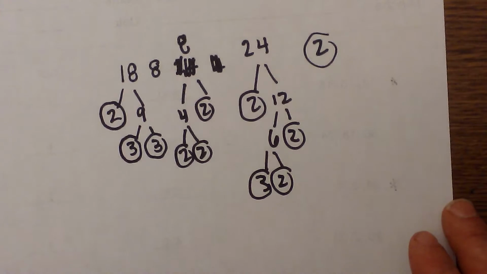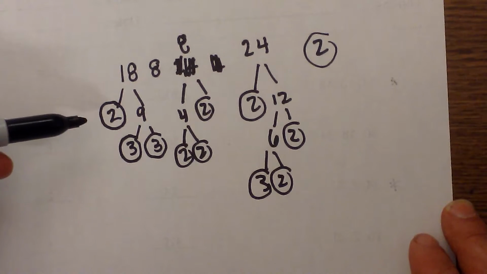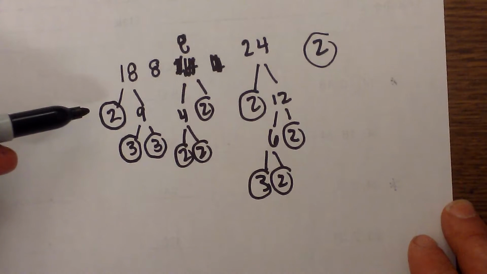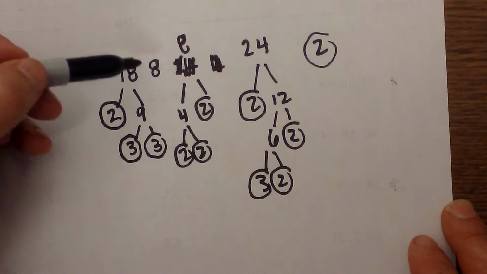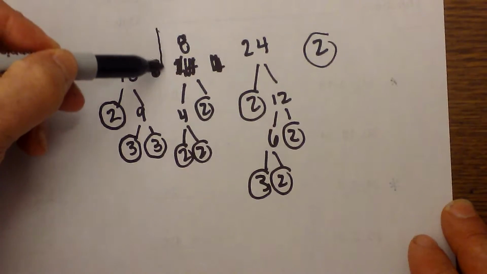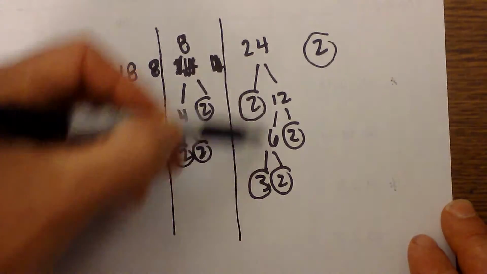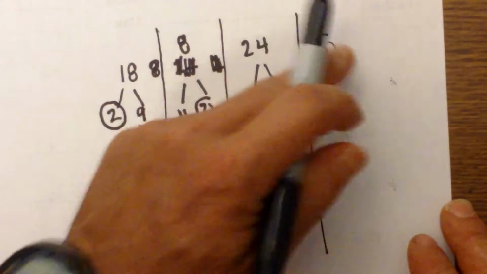Okay, so now to find the GCF, the first thing you do is see which prime numbers are common in all 4 numbers. So this is the 18, the 8, the 24, and then the 2.